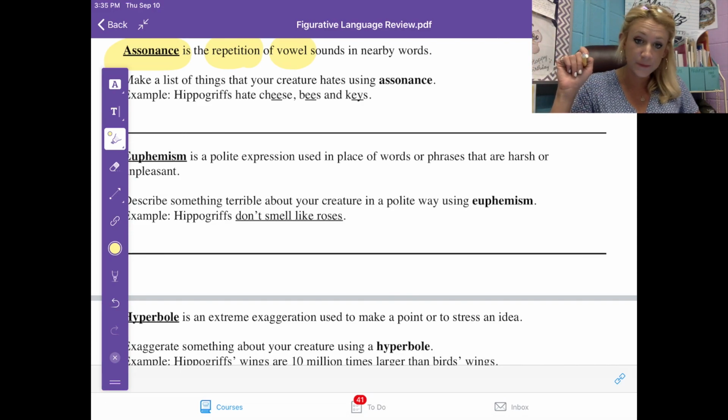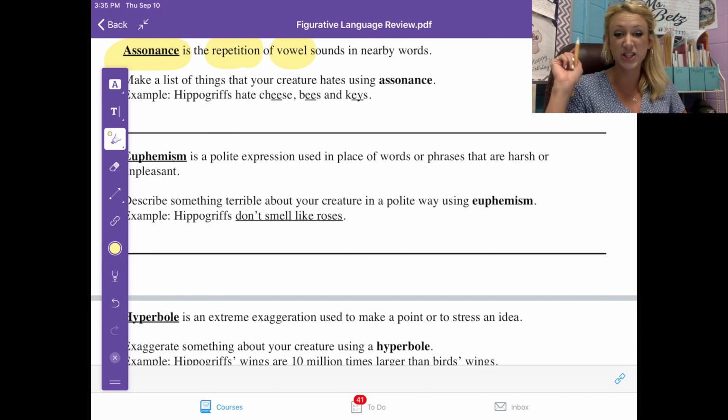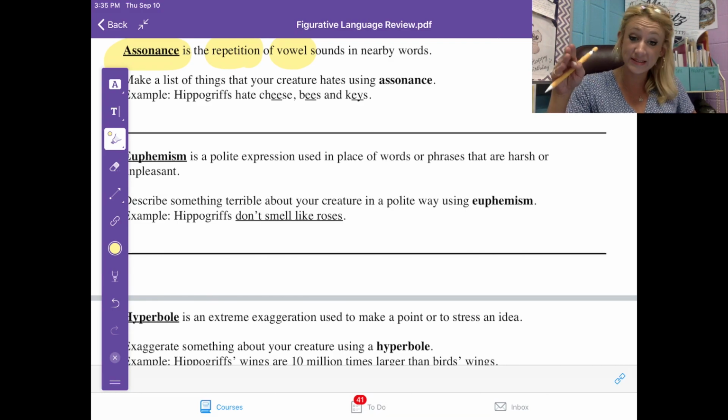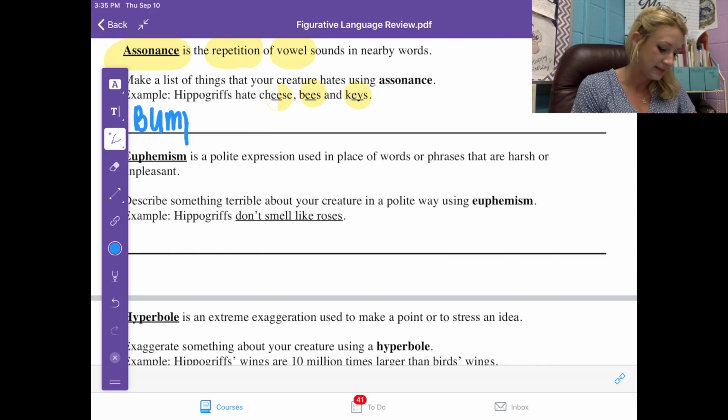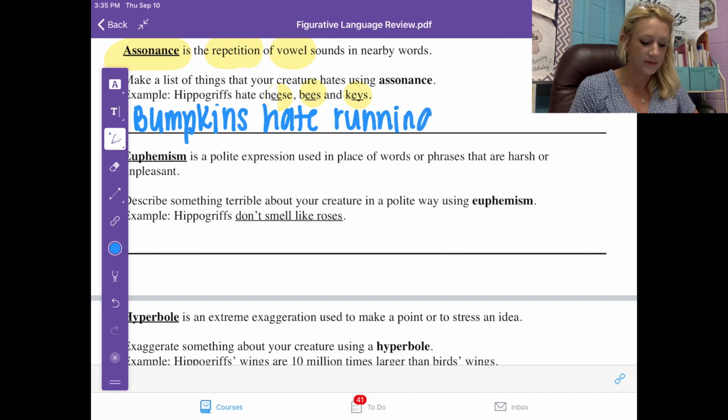So what you're going to do for creating it is you are going to make a list of things that your creature hates that uses assonance. So again, that example, cheese, bees, keys, has the same E vowel sound. So that's an example. So I'm going to do mine. Pumpkins hate running miles and Harry Styles.